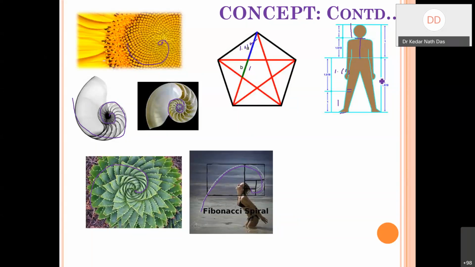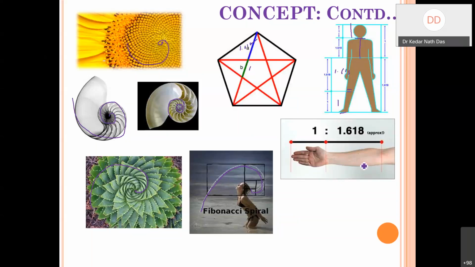You can also consider the hand from the top of your finger to the wrist. You can have this one part, whereas approximately up to the elbow it is up to a 1.618 ratio. Similarly, you can also have a Fibonacci spiral in the ear structure. So all these are coming altogether.